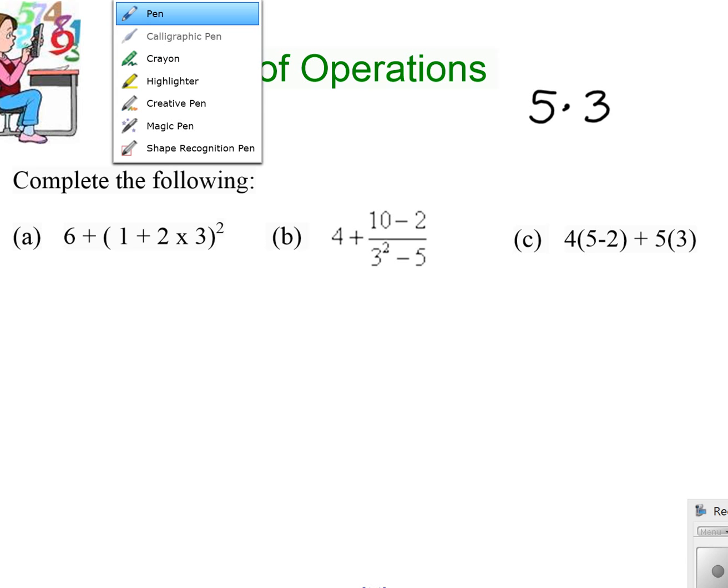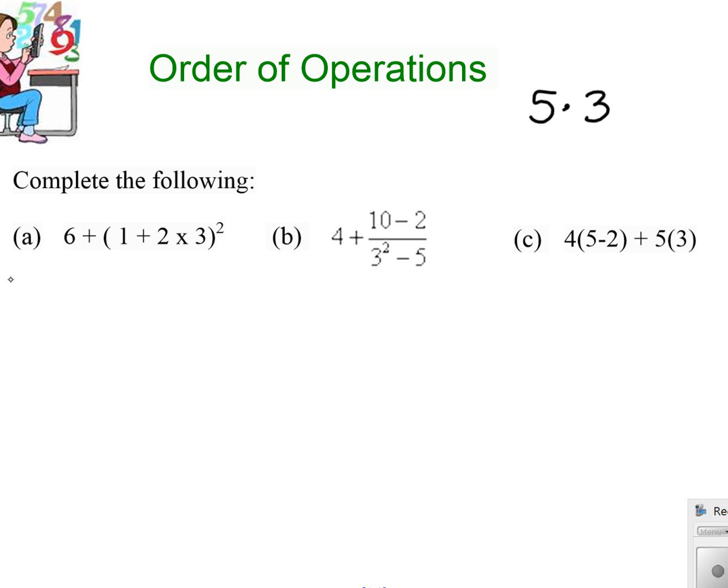So for example, this first one here, we're going to do the brackets first. And the interesting thing with this one is within the brackets we have to follow BEDMAS. Remember, if you're not working with something, you're just going to write it down and you're not going to change the order of the question. So we're going to keep our 6, we're going to keep our 1, and 2 times 3 is 6. So that's all we're going to do first.